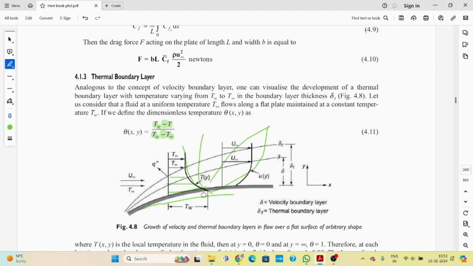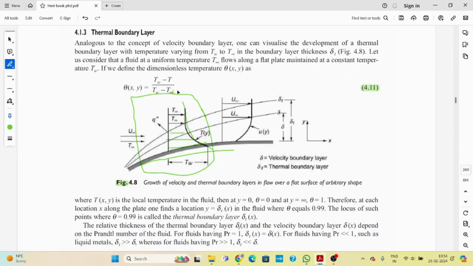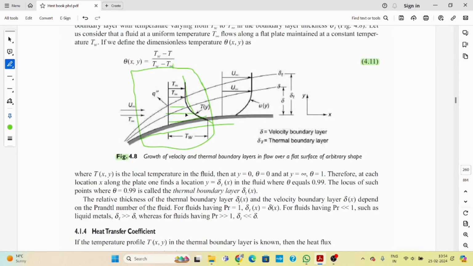Tw is the wall temperature, T infinity is the uniform temperature, the fluid at a uniform temperature. Okay. For the sake of calculation, theta has been given because temperature varies in the x and y direction. Okay. So this is also a basic thing. Just remember, it is a variation of temperature. Like you can see here, as we go up, the temperature of the fluid decreases, and to some extent it will become the free stream temperature.